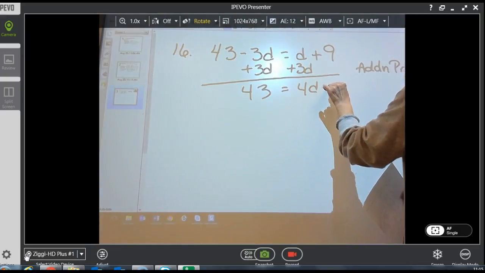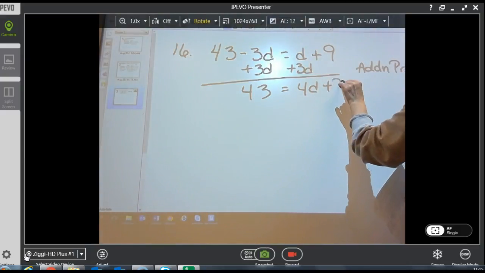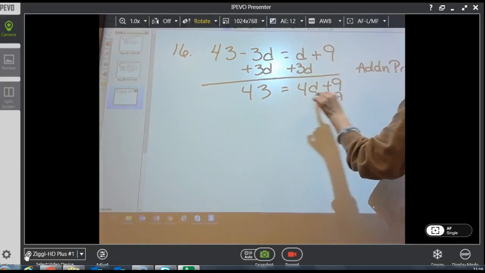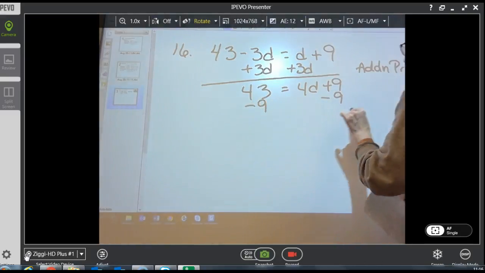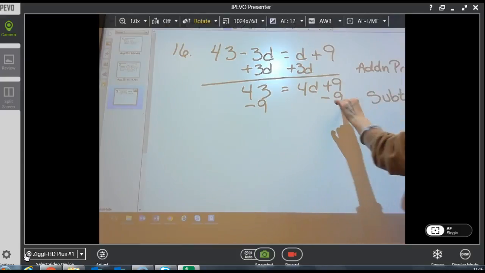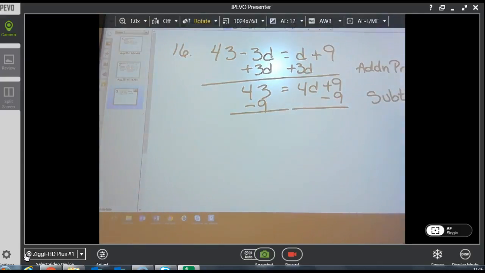So now we have 43 equals 40 plus 9. I want to move the 9. Subtract from both sides. Subtraction property. Again, abbreviation is fine with me. 43 minus 9. 34.